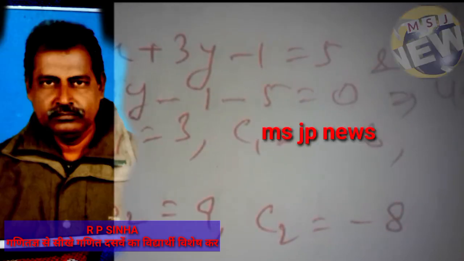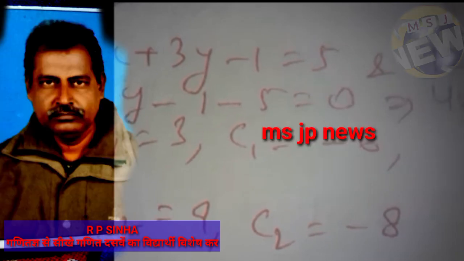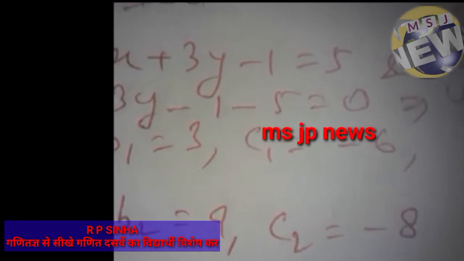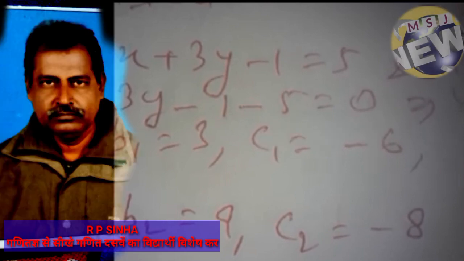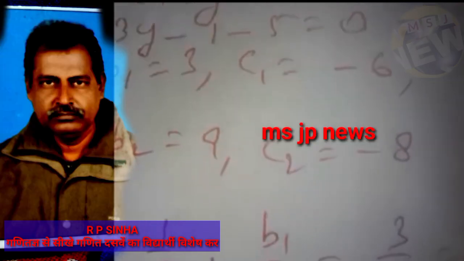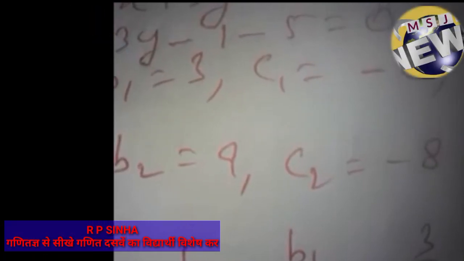Now, as we have to find out what kind of lines will be drawn in case of these equations, we will find out the ratios of A1, A2, B1, B2 and C1, C2.